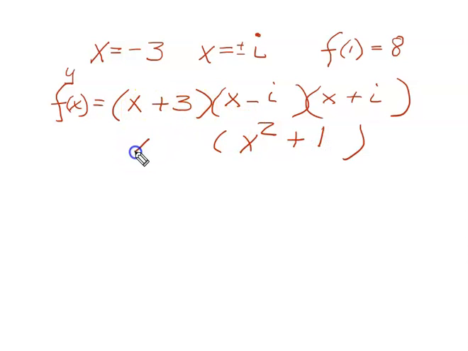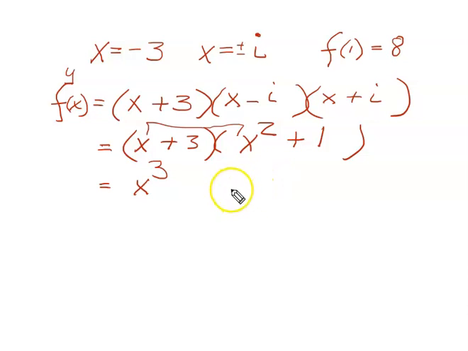And then this is x plus 3. So we're now going to FOIL this, and we get x to the third, our first. Our outers is 1x, because our inners are going to give us a positive 3x squared, and our last is a plus 3.